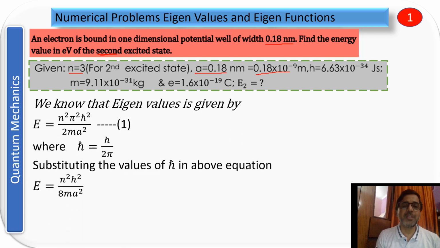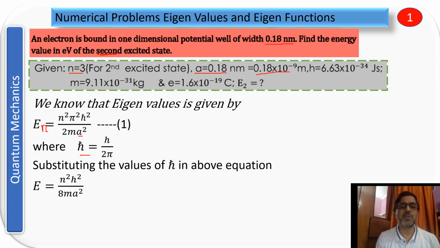So now let's use the formula that we have derived. Any nth energy state En is equal to n square pi square h bar square upon 2ma square, where a is the width. H bar is equal to h upon 2 pi.